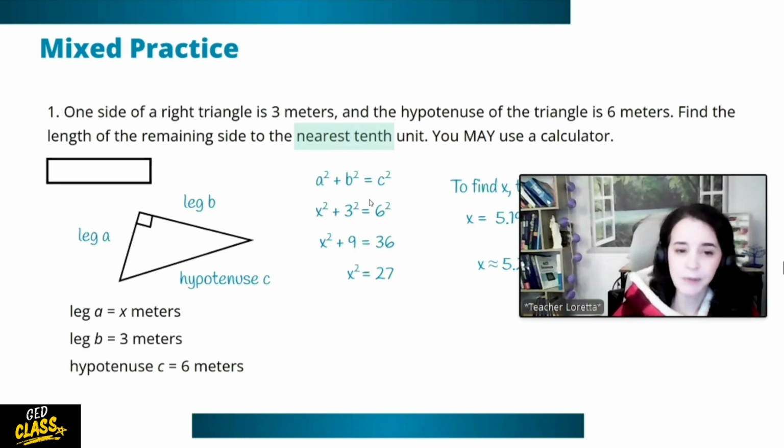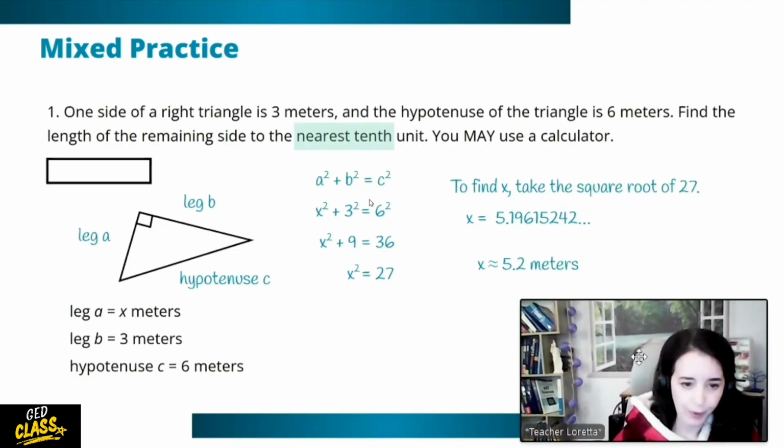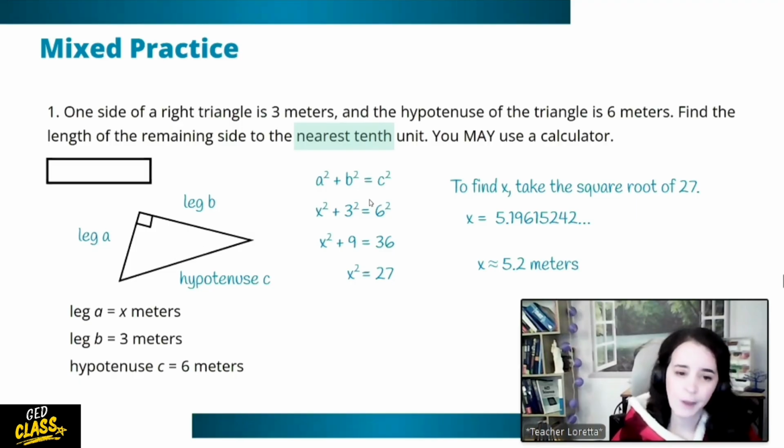Now, I saw some of you had 5.19 and stuff like that. And so you would say it's 5.2, right? But I think you guys got it. I'm seeing a lot of good answers here. So notice though, on test day, if you had typed in 5.19, they would have marked that incorrect, which I think is unfair.